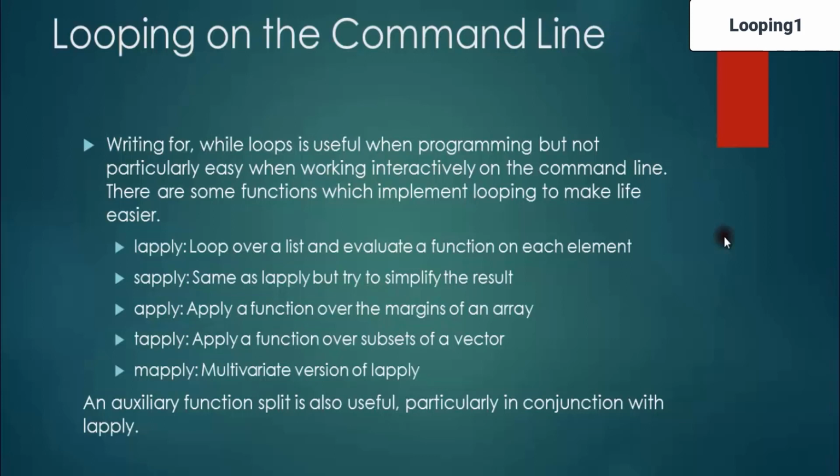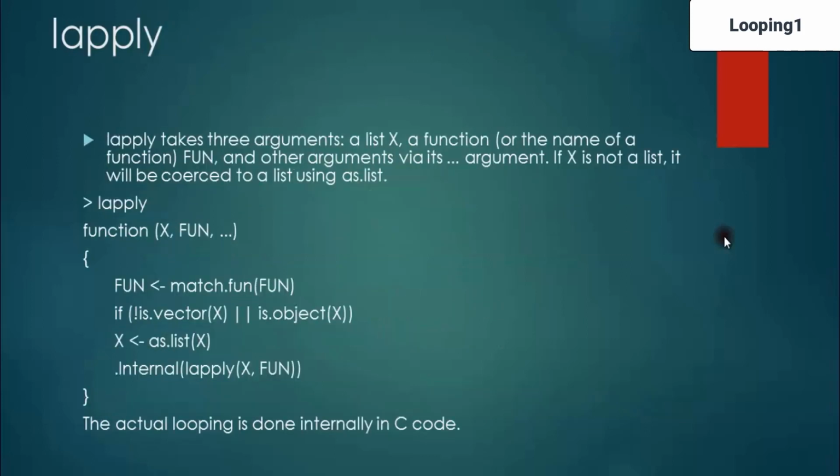So these are the basic apply functions, the looping functions. An auxiliary function, split, is also useful, particularly in conjunction with lapply. I'll tell you about this function in detail in the next session. So what is lapply? lapply basically takes three arguments: a list x, a function or the name of the function, fun, and other arguments via its ellipsis argument.